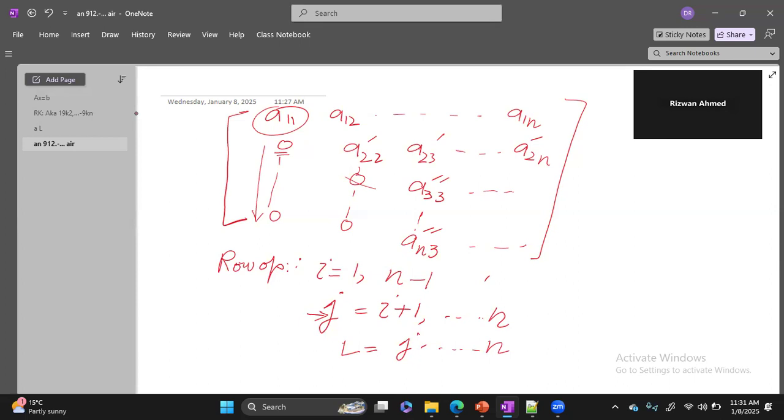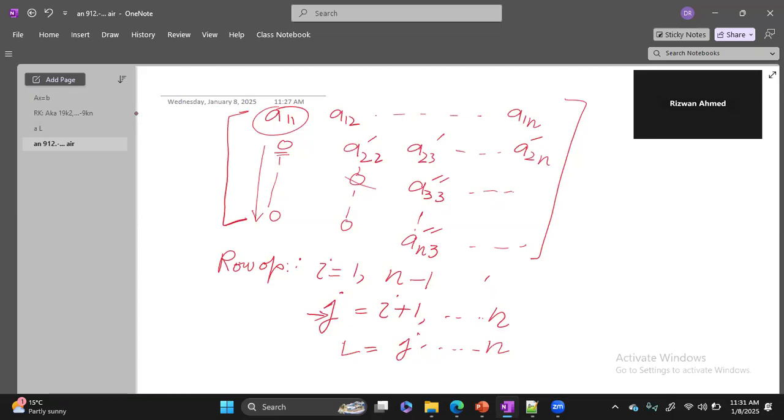In the development of this algorithm, I have assumed that in the process of applying row operations, I do not encounter a zero entry at the diagonal. And if we get a zero entry at the diagonal, we can do the row interchange operation.